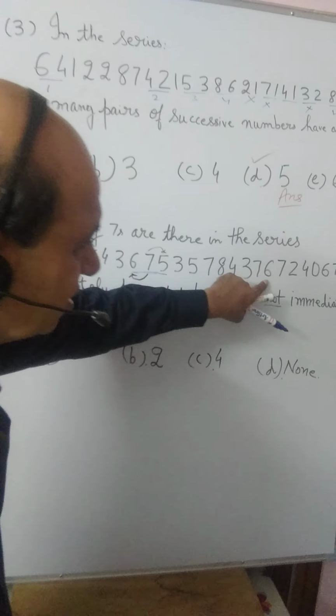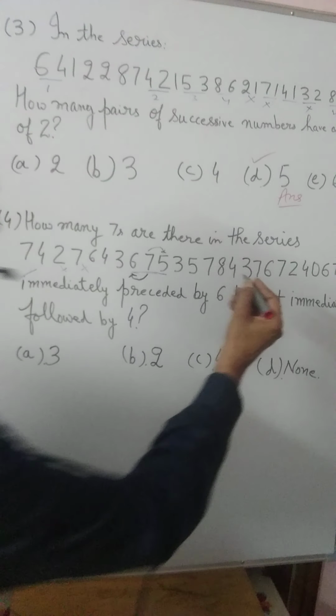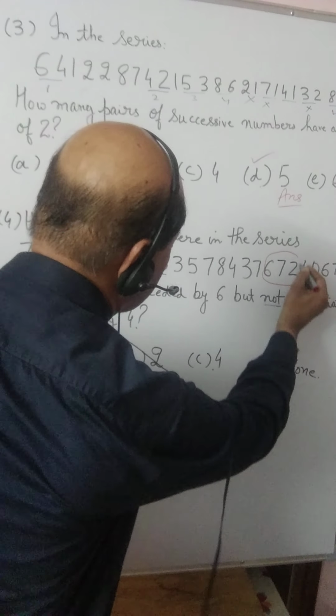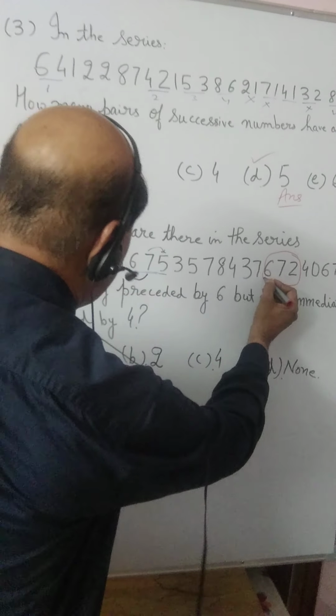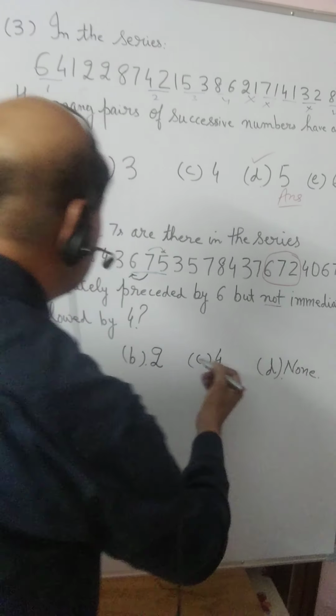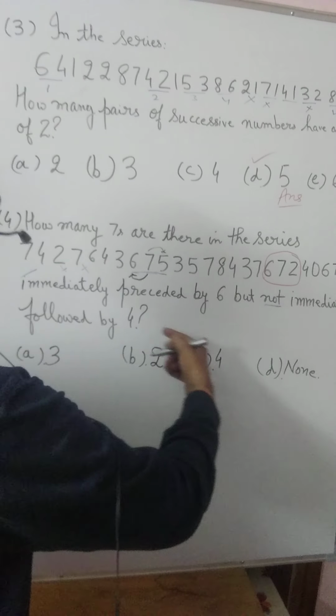Then what about here, 6, 7, 2? 6, 7, 2 is possible. This makes sense. 7 has a preceding number 6 and 2 after 7, but not 4, which satisfies the condition.